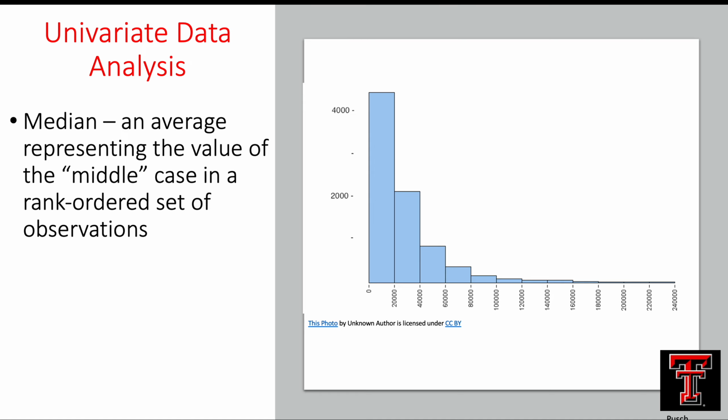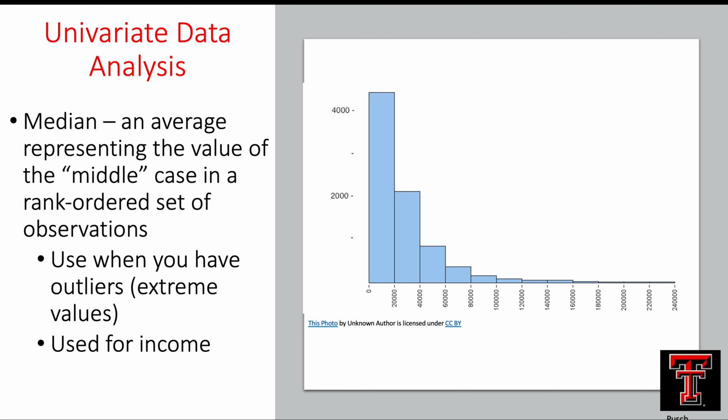So this is the average representing the value of the middle case in a rank ordered set of observations. So what you do is you rank order everything from smallest to biggest and then pick the value in the middle. So you use it when you have outliers or highly skewed data or extreme values. So for example, this is used a lot for income.